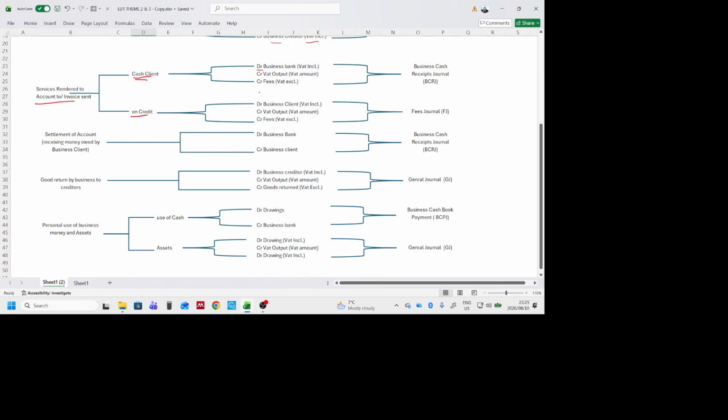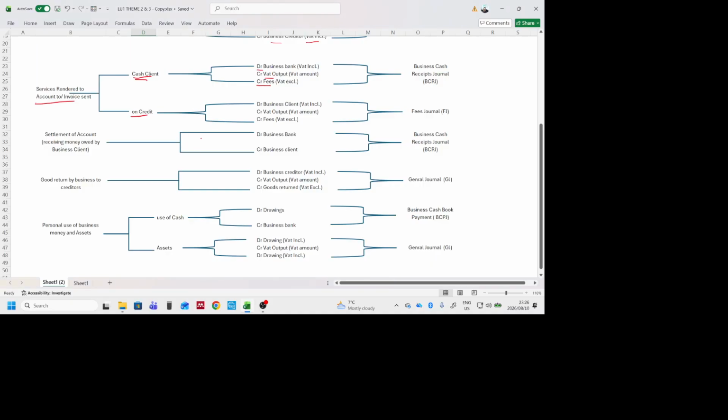Because we are charging the customer for a service, we'll charge the customer the normal fees that we are allowed to charge according to the Legal Practice Act. On top of those fees, we are going to then charge VAT. So we're going to charge the customer the VAT, in addition to the fees, which will then bring us to a total invoice, which is the total fees payable by the client.